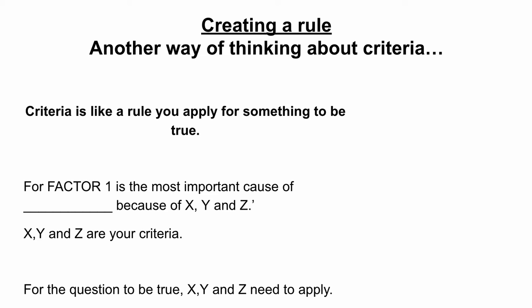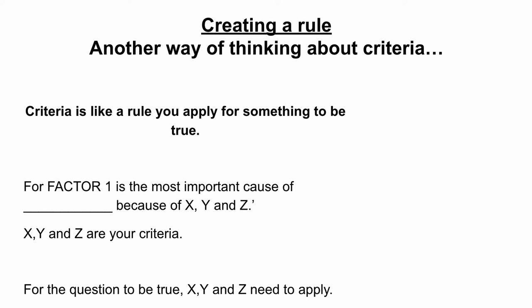You would say, for factor 1 to be the most important cause of something, or the most significant reason for something, that's because of X, Y, and Z. So X, Y, and Z are your criteria. So for the question to be true, X, Y, and Z need to apply.